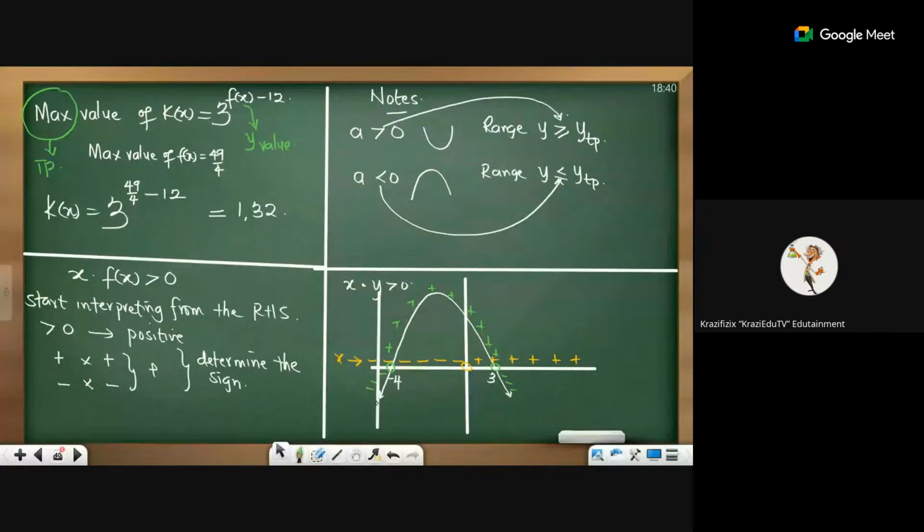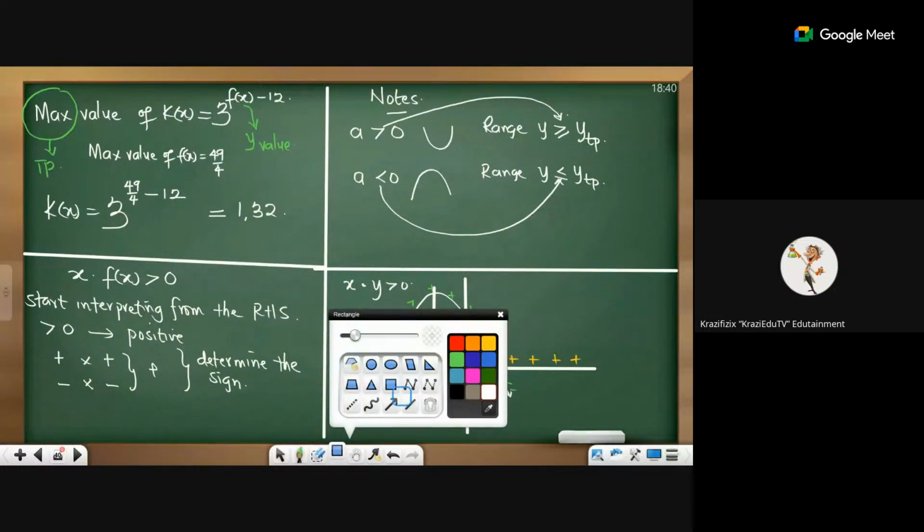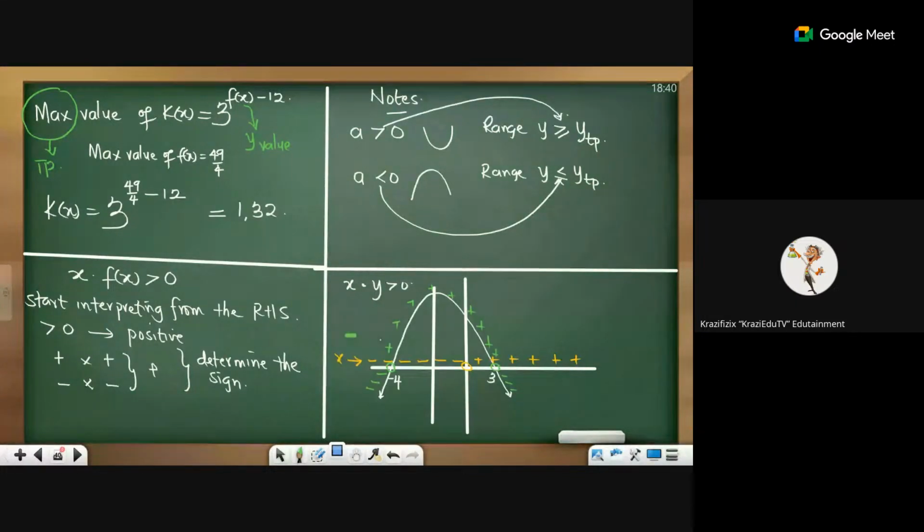That's what I'm looking for, until 0. Because after 0, the yellow is negative and the green is positive. That's not going to work for us. Let me put a box. I'm looking at this part. They are both negative. Where will I have both positive? Keep moving, just use your ruler.